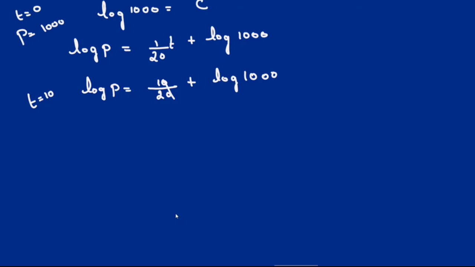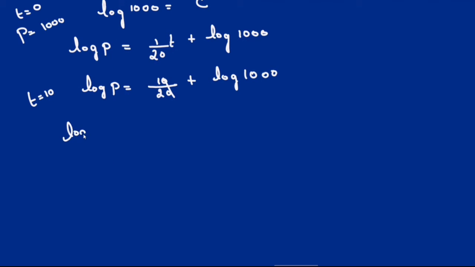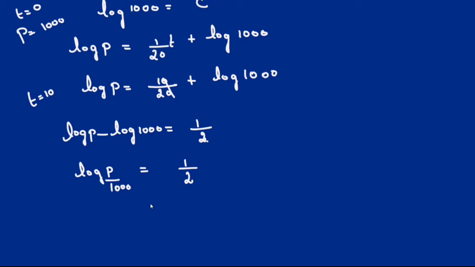So log P minus log 1000 is 1 by 2. That is log of P by 1000. Use the quotient rule here. So log of P by 1000 is 1 by 2. So that means P by 1000.